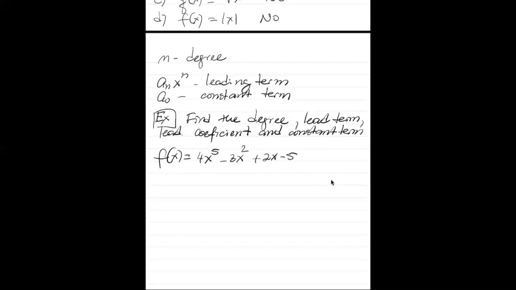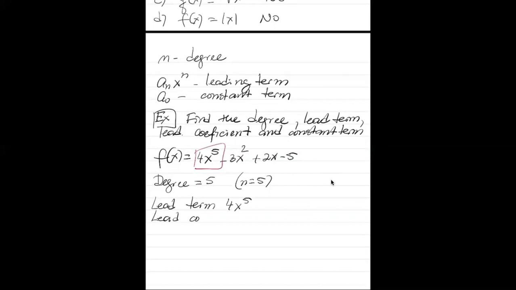So let's start with the degree. The highest power is 5, so n equals 5. The leading term, it's not always the first term, but if it's in descending order, it is the first term. So this is the leading term, 4x to the fifth. The leading coefficient, that's the number in the leading term, that is 4. And the constant term is -5. It comes with the sign.